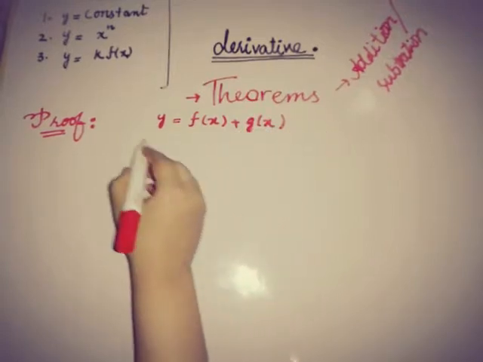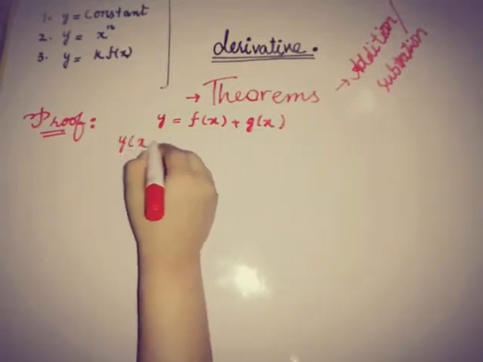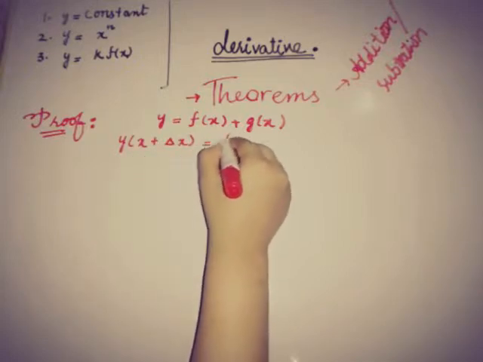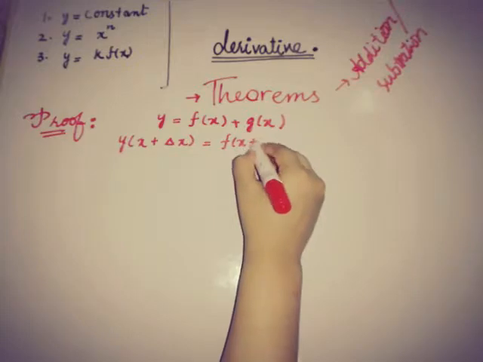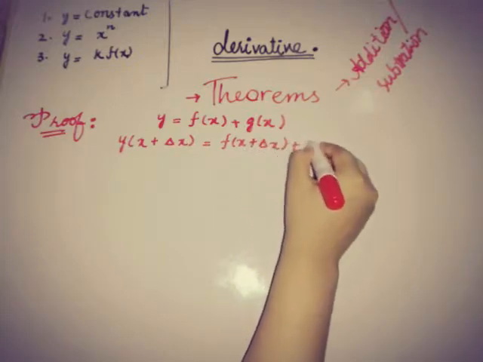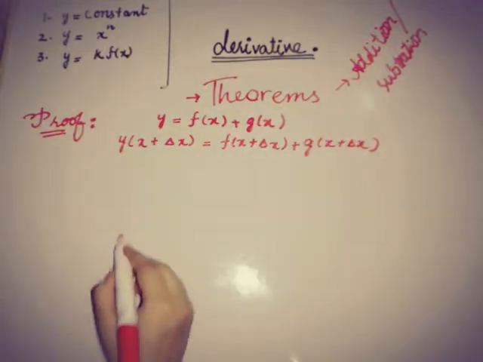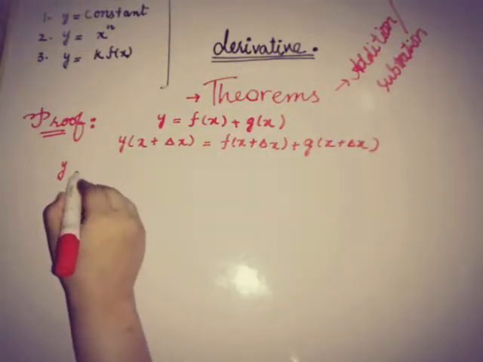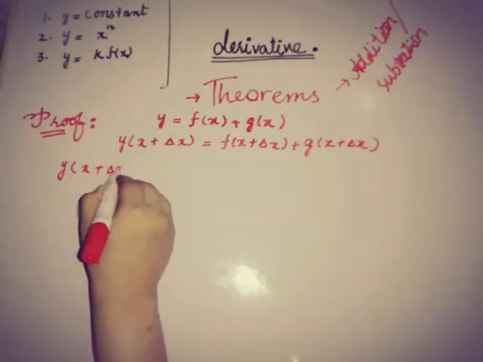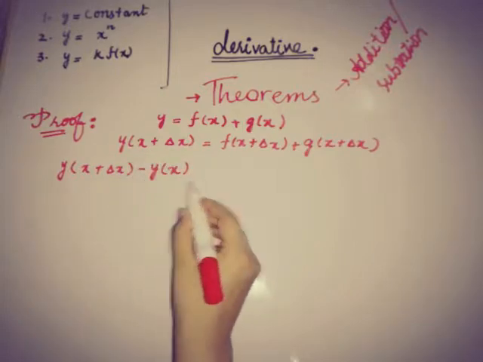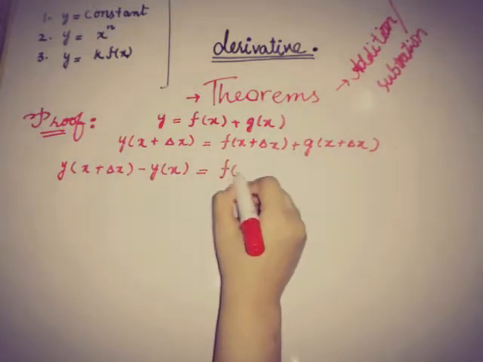The second step is to add a small change, delta x. So f of x plus delta x plus g of x plus delta x. Then subtracting them, and I have to write x here, it's more suitable.